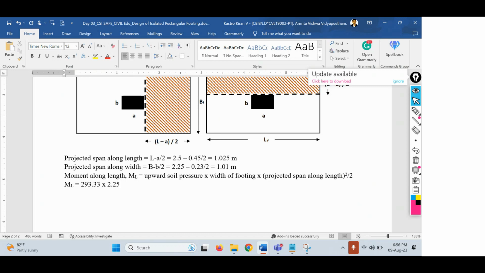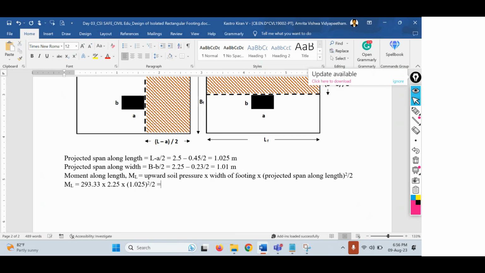Into projected span along length, which is 1.025 meters, squared, divided by 2. So that's how you find the moment along the length direction.